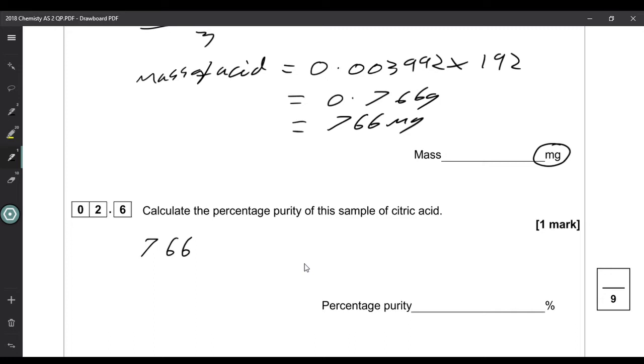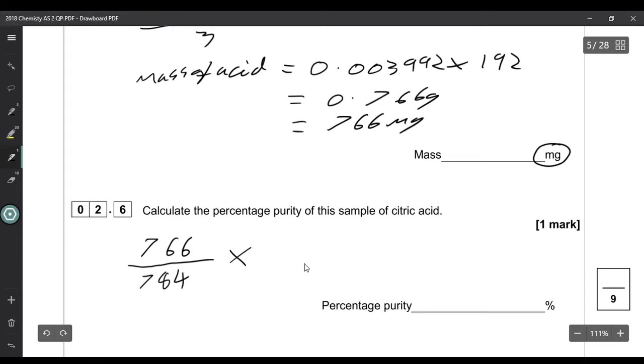So we added what we thought was 784 milligrams of citric acid, but it only turns out to be 766 present. So to find the percentage, we take 766, which is our amount, divided by 784, which was the amount we added, multiplied by 100 to get a percentage, and that comes out to be 97.7% purity.